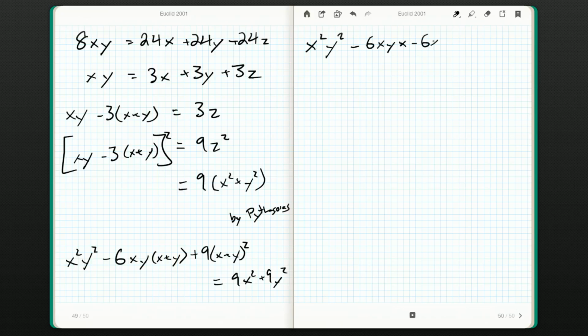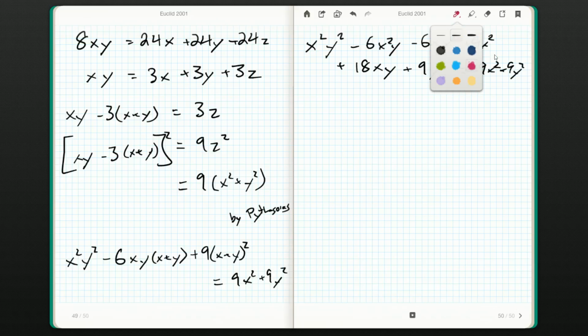x squared y squared minus 6xy squared plus 9x squared plus 18xy plus 9y squared is equal to 9x squared plus 9y squared. Well, those are going to cancel out, and I think everything is going to have a factor of xy.